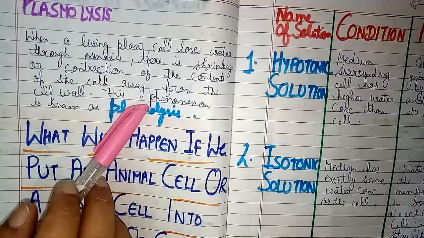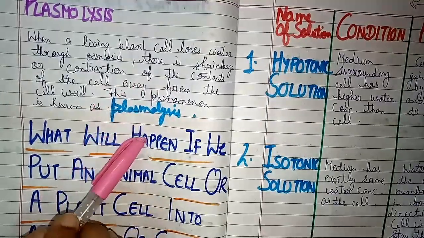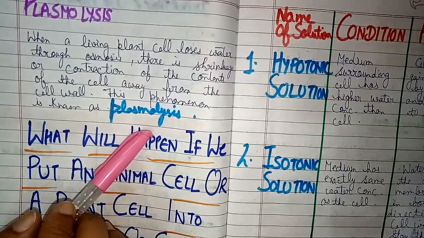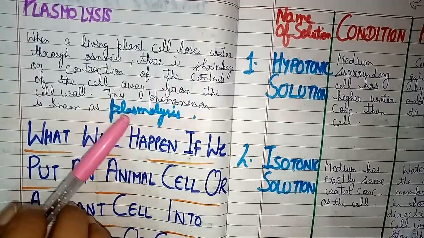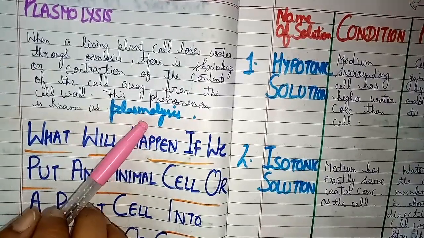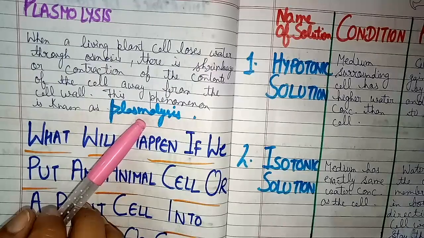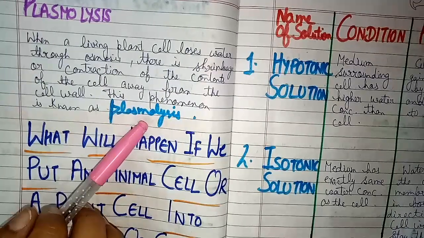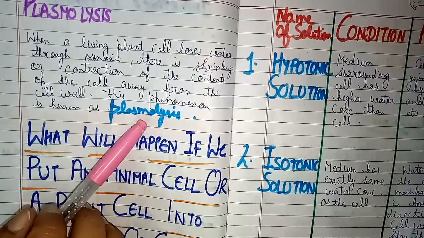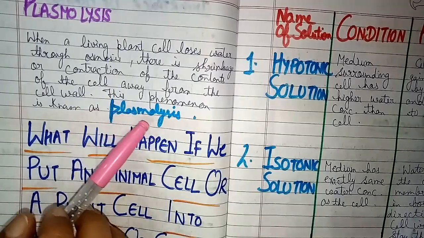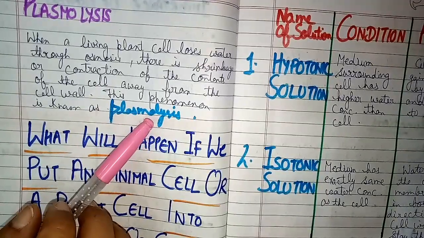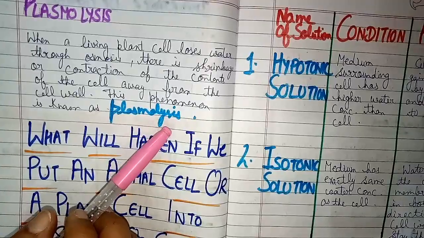But if we put this plasmolysed cell in the water, if we dip this plasmolysed or shrunk cell in the water, then it again regains the water. Okay, it absorbs the water. This is known as deplasmolysis. So there are two processes, plasmolysis and deplasmolysis.